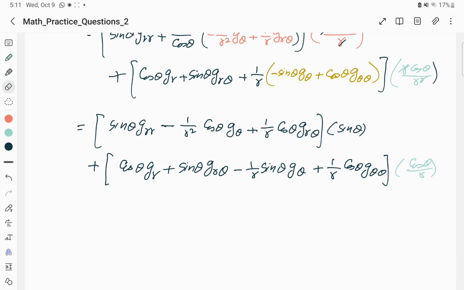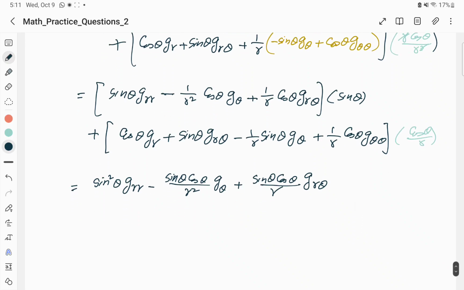Let's multiply this whole expression inside. It will become sine square theta g r r negative sine theta cos theta over r square g theta, and then plus sine theta cos theta over r g r theta.